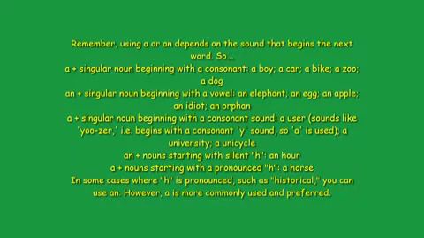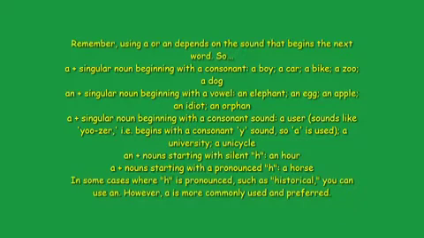So, a plus singular noun beginning with a consonant, like a boy, a car, a bike, a zoo, a dog. An plus singular noun beginning with a vowel, like an elephant, an egg, an apple, an idiot, an orphan.